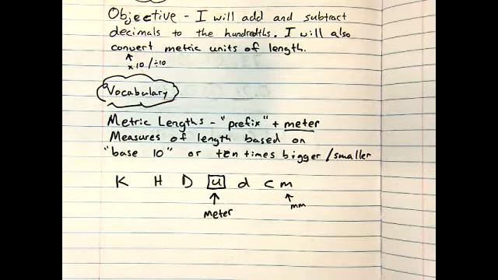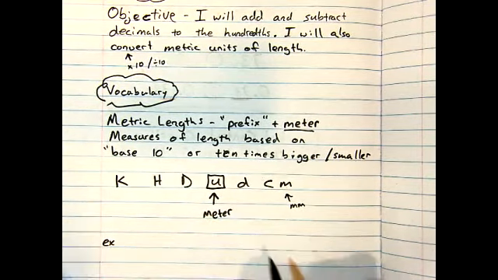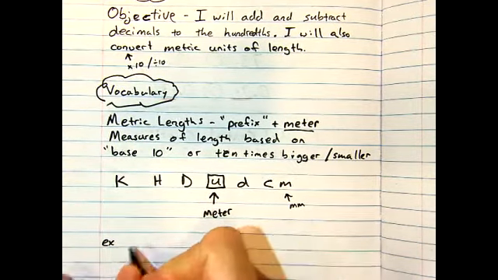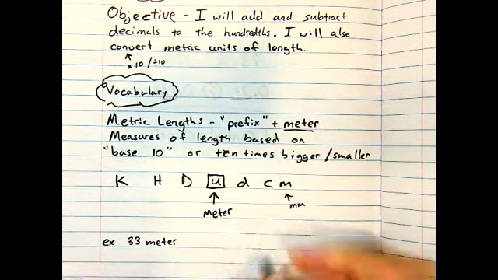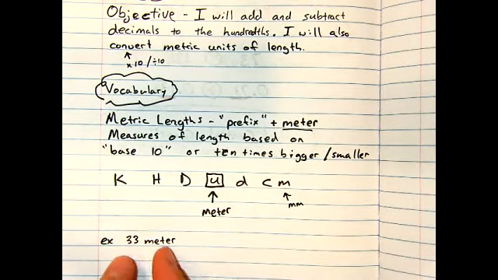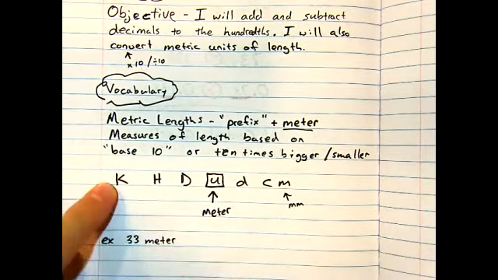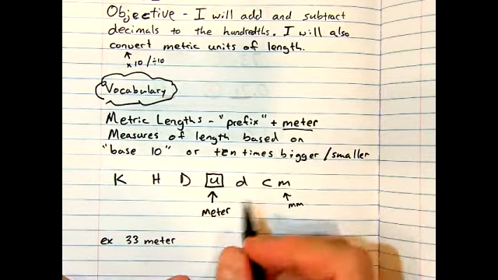And let's take a look at a metric conversion. So an example would be if I have 33 meters. This is my standard unit. Now I can convert meters to kilometers using the decimal place value system.